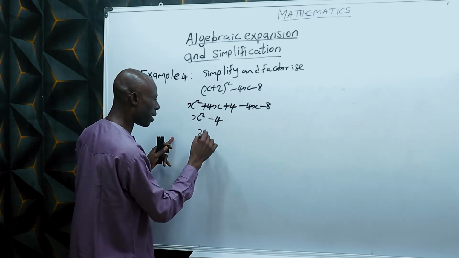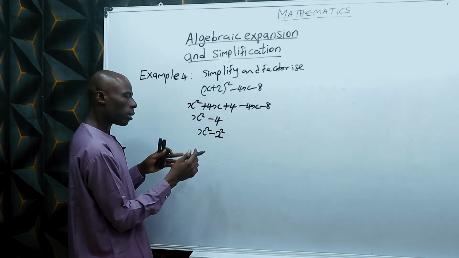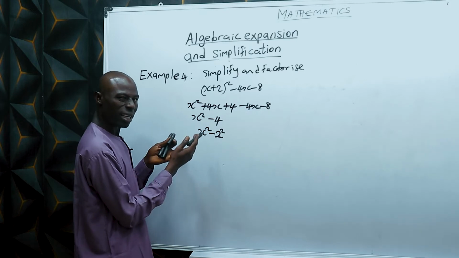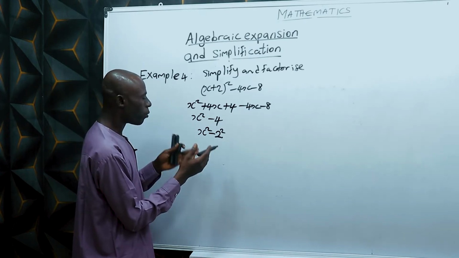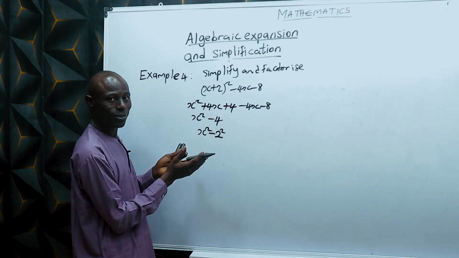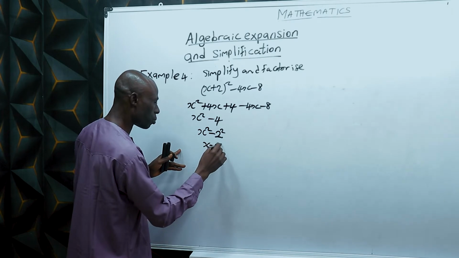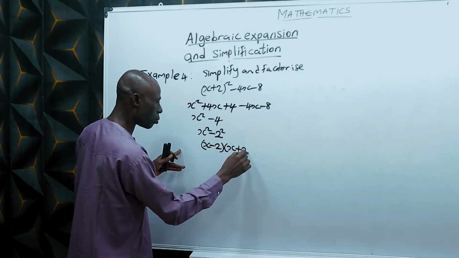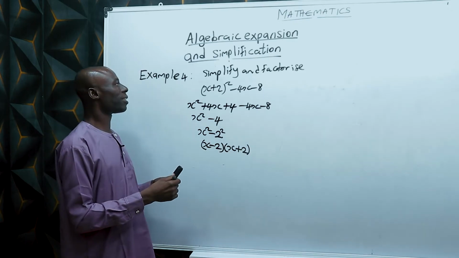It will be x squared minus 2 squared. Now finally express the expression as a product of 2 factors, that is x minus 2 into x plus 2. That is it, and that's the end of that.